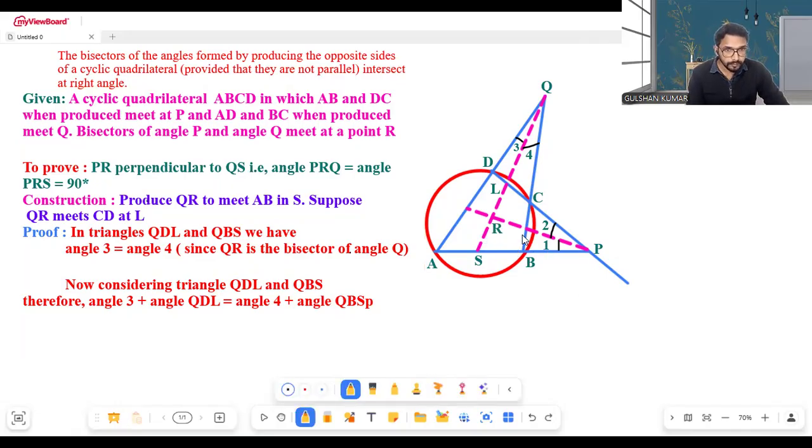I can mention here that QBS and QDL are both equal.